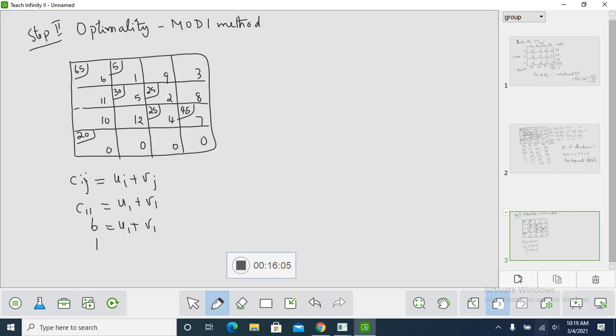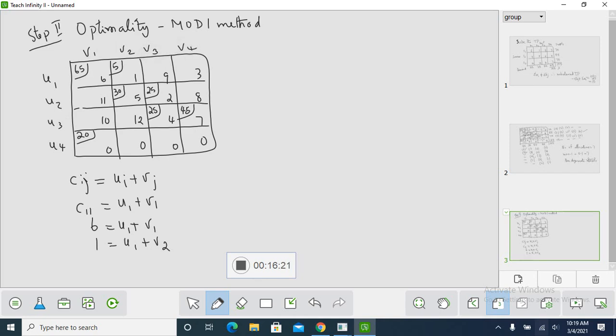Then I have 1. 1 is equal to U1 plus V2. For convenience, we may note U1, U2, U3, U4 by the side and V1 to V4 on the top of the table so that it is easy for us to write.